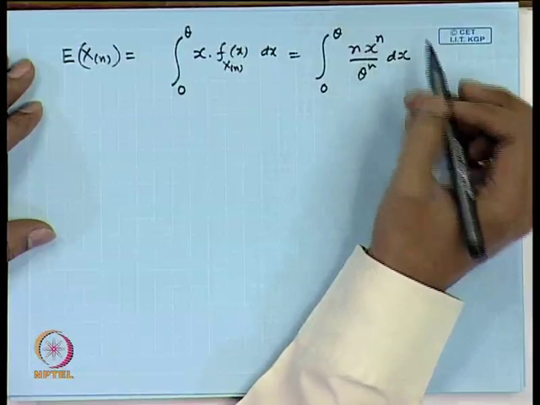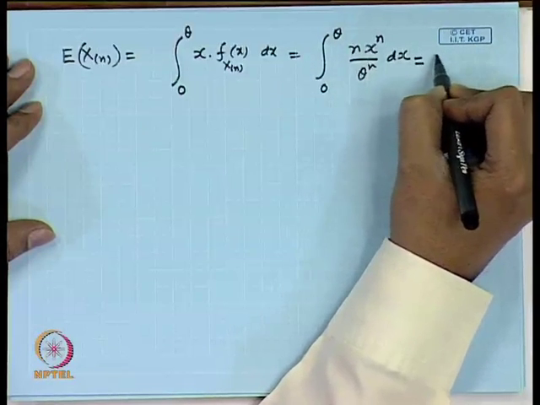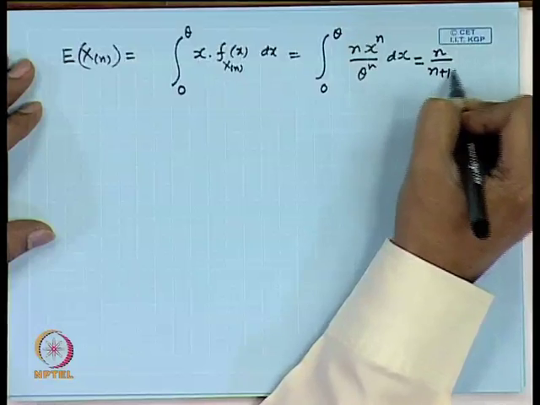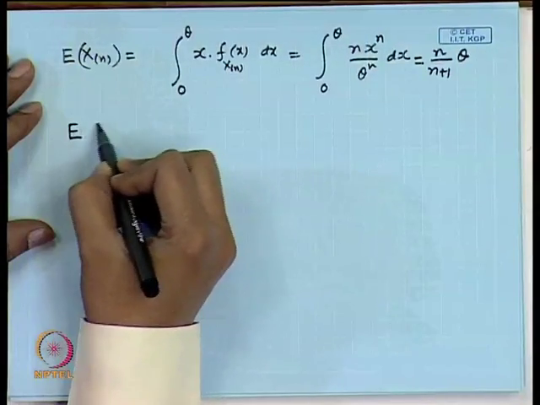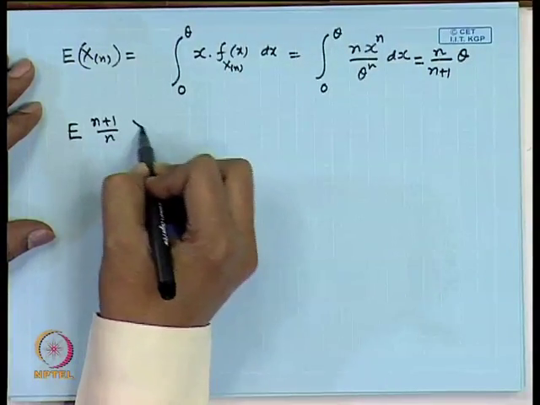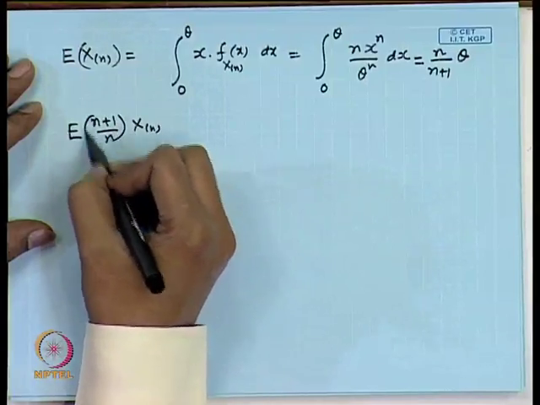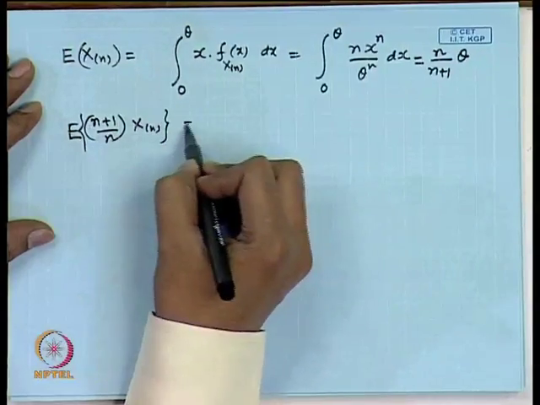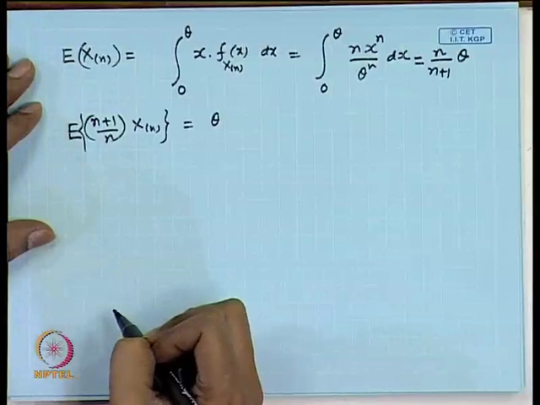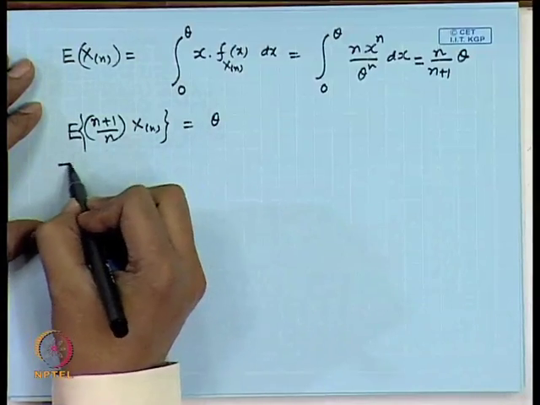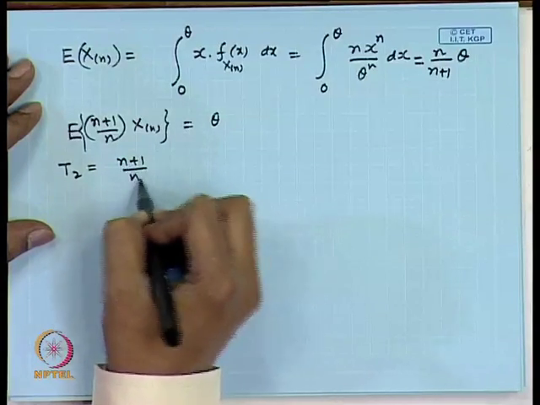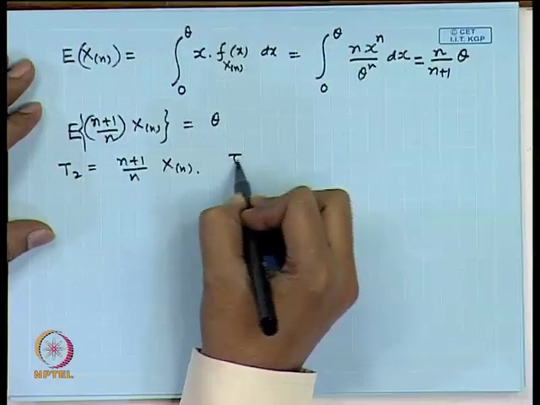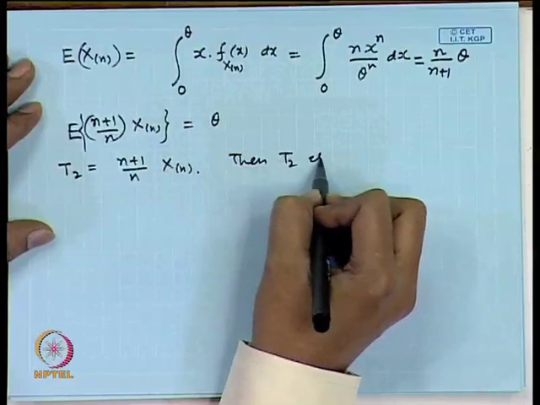So, that will cancel, and therefore, this value will be equal to n by n plus 1 theta. If I adjust this n by n plus 1 on the left hand side, this is equal to theta. So, if I use the notation T 2 as n plus 1 by n x n, then T 2 is unbiased.